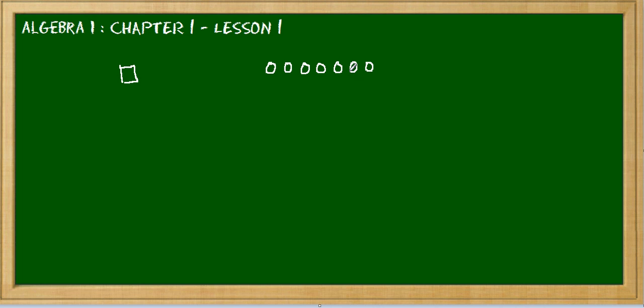To represent their sum, we drew them beside or next to each other, right? We put the 7 circles beside the box. So if I were to do that, I would just show the box and the 7 circles together. So we have a box and 7 circles.